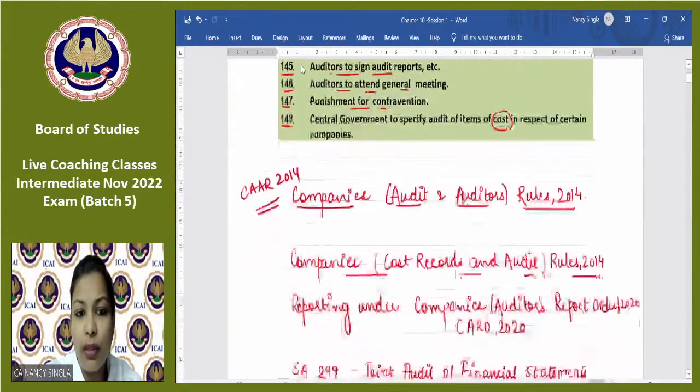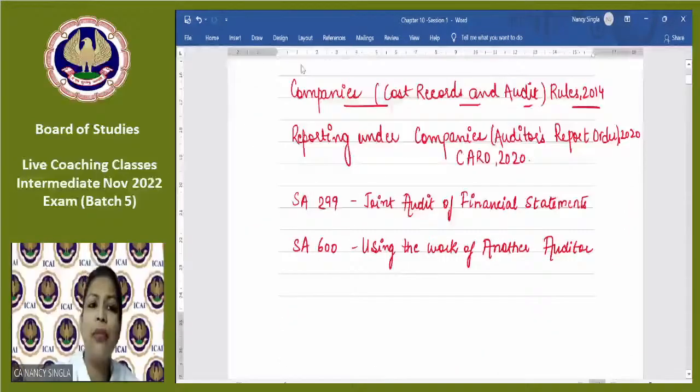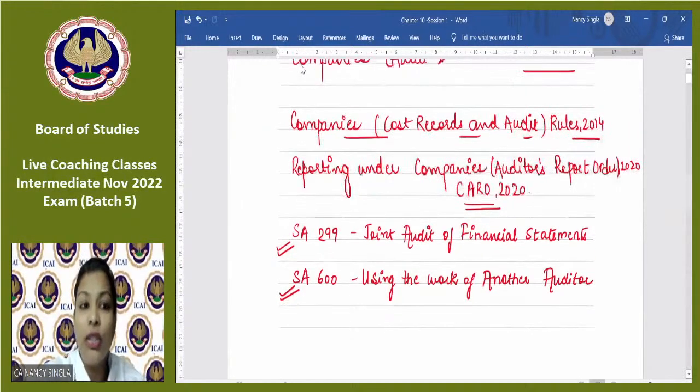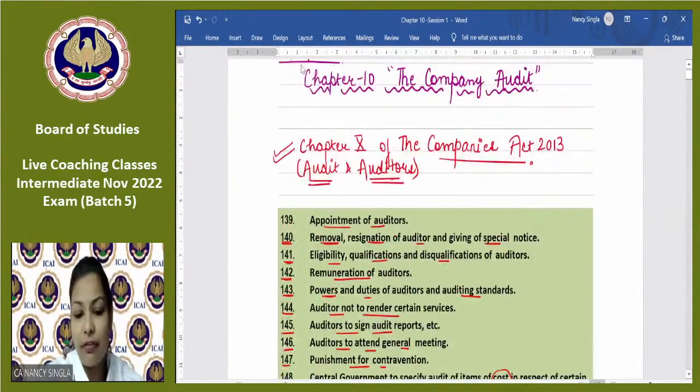That also will be covering. Apart from that, CARO 2020, very, very, very important. In fact, this entire chapter is very important, right? Then we'll be covering SA 299 related to joint audit and SA 600, that is using the work of another auditor. Okay? So these are the topics that we will be covering.